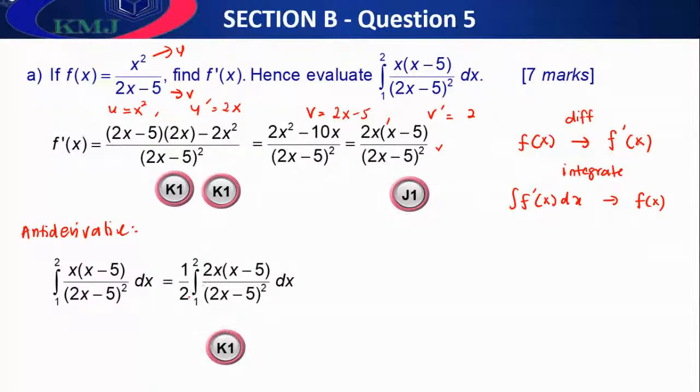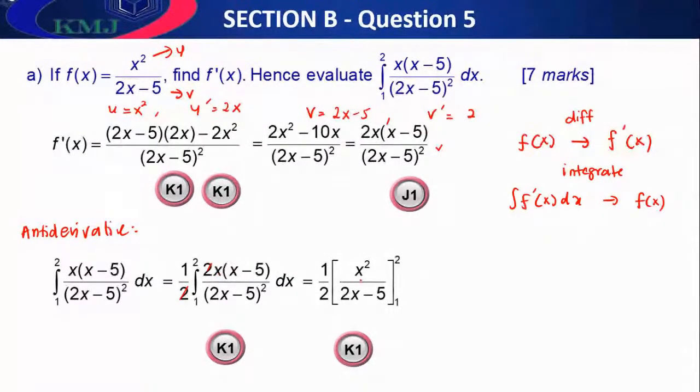So the integral of x minus 5 over 2x minus 5 squared dx is equal to 1 over 2 times the integral of 2x times x minus 5 over 2x minus 5 squared dx. So you will get K1 here. And then we can cancel out the 2 and 2.